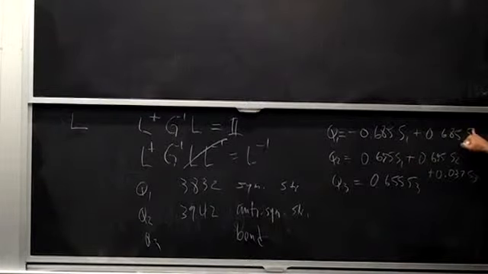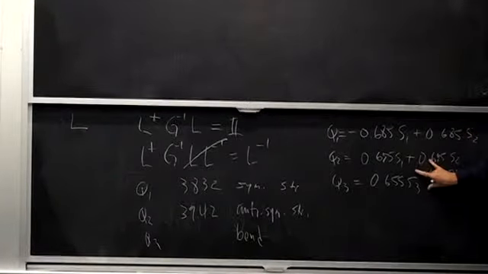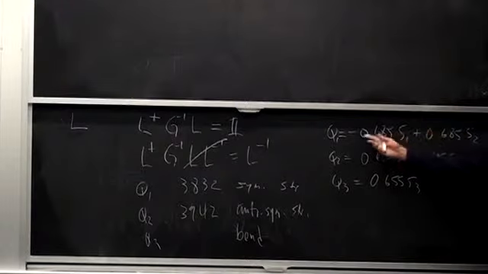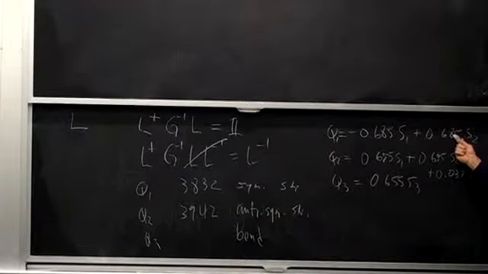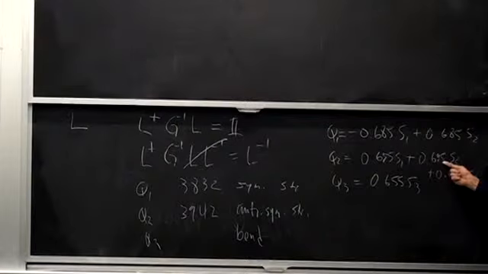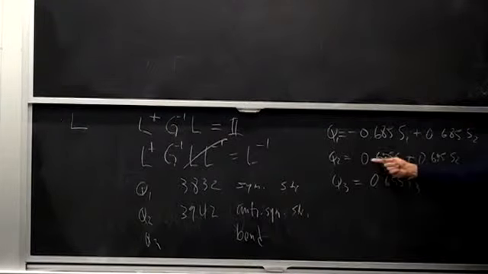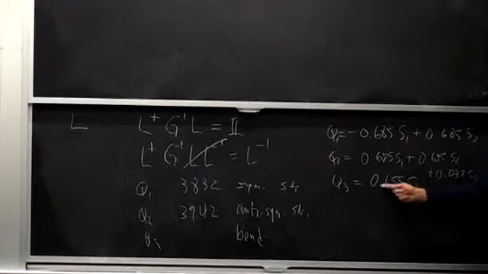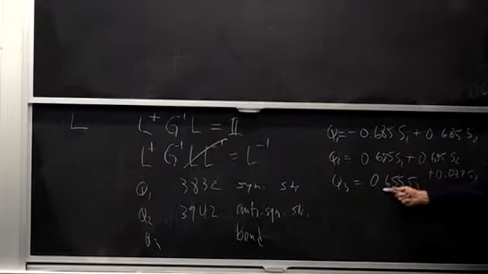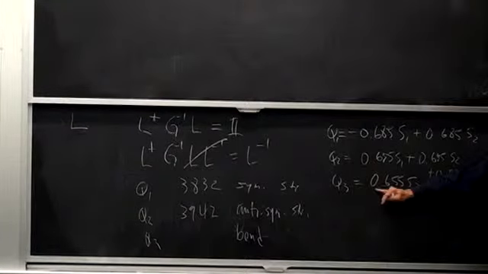Notice there's no S3 in Q1. There's S3 in these two. S3 is the bend. Now these numbers come out equal because the eigenvectors of a matrix said they're equal. We're not imposing any symmetry. These numbers came out equal and opposite. These numbers came out to be the same, again, because of the structure of the matrix. These two numbers are very different in magnitude.